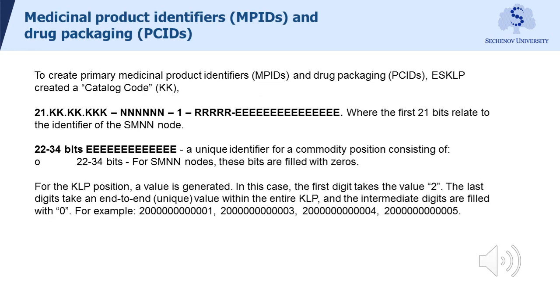The level of drug package identification will consist from digits we told about earlier, and in addition we have a long number, 12 digits, which describe the exact medical product which had been packed and is available on the market.